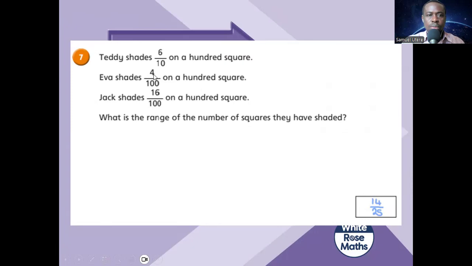That is obviously the largest. And this represents 16 squares. So if we subtract the smallest from the largest, we will have the range.